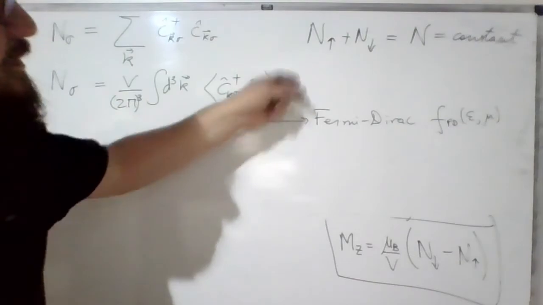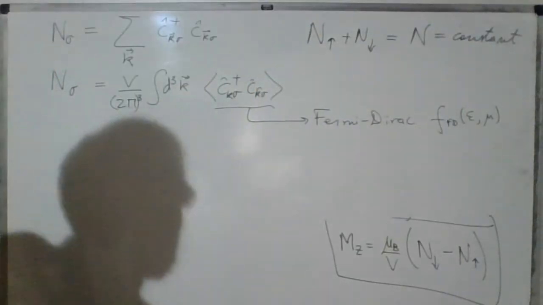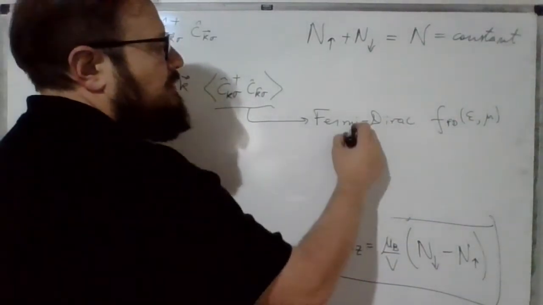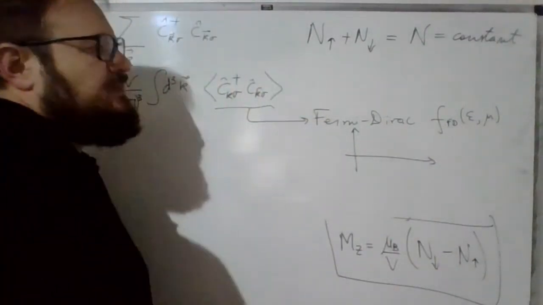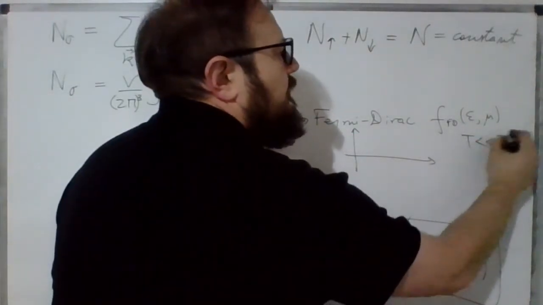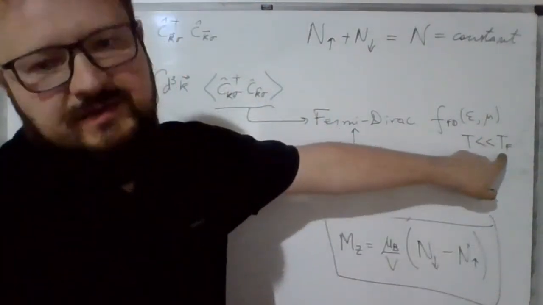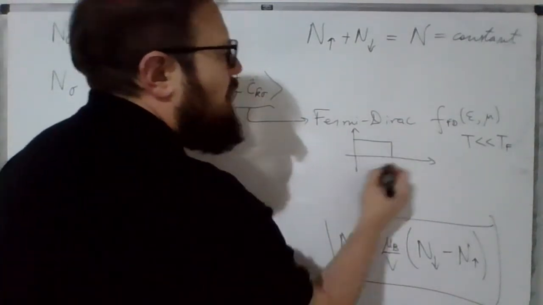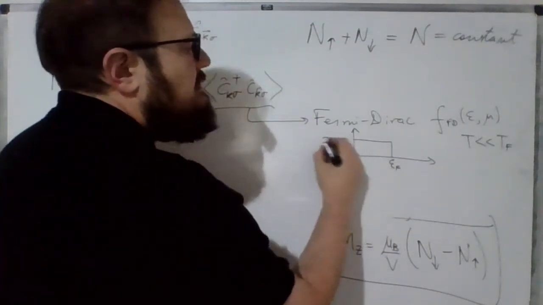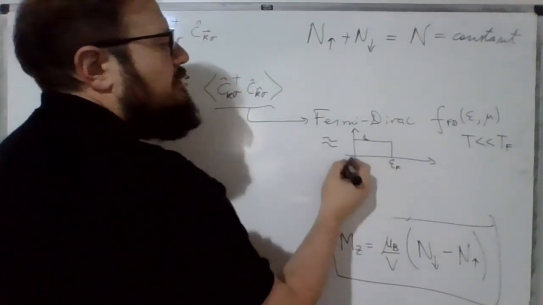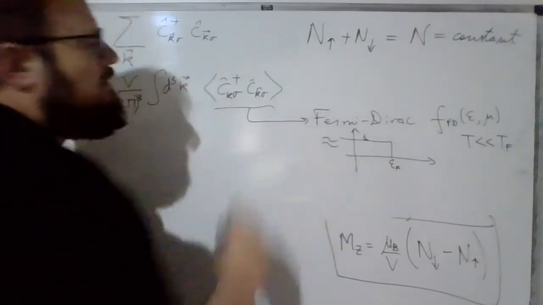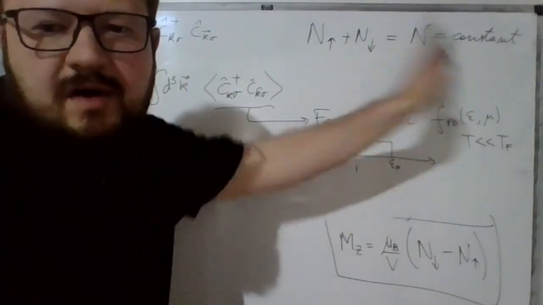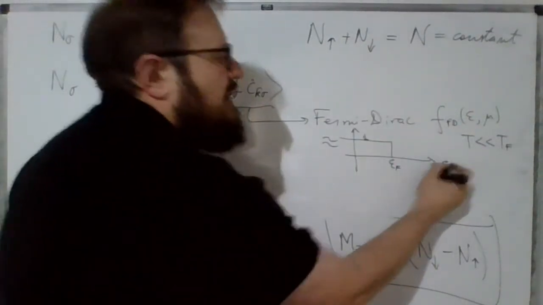If you want to go beyond the zeroth order approximation in temperature, but for temperatures very much smaller than the Fermi temperature, in the thousands of kelvins for metals, you could use an approximation, approximately 1 from any given energy up to the Fermi level and 0 above that Fermi level, in terms of energy here.